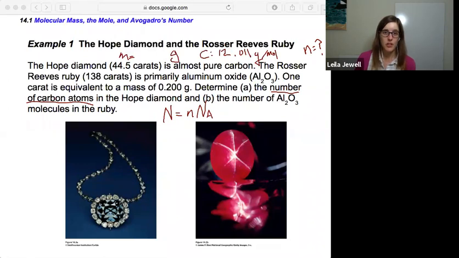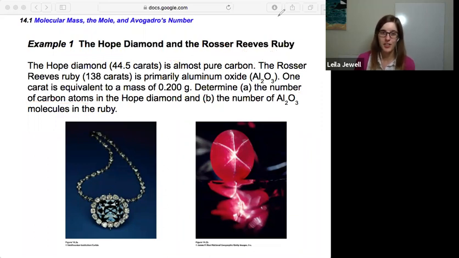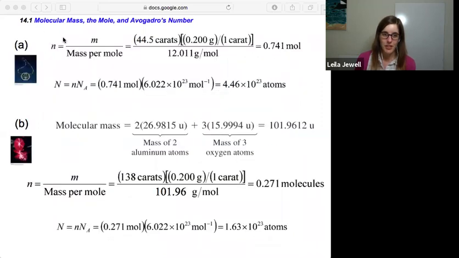All right, so with this in mind, we're now in good shape to solve the problem. So let's pull this all together into a solution. The number of moles is equal to the total mass divided by the mass per mole. So for the Hope Diamond, we have 44.5 carats times this conversion factor of 0.2 grams per 1 carat. So the carats cancel out and we're left with grams in the numerator. And then we're going to divide by the mass per mole of carbon, which is 12.011 grams per mole.